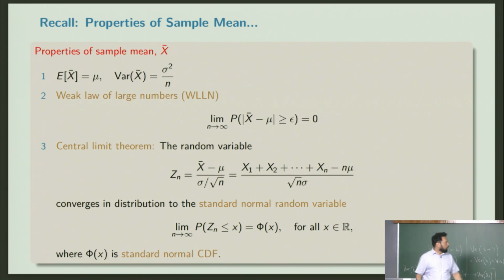If you scale it in exactly this way, then it starts behaving like a normal distribution, although the x bar I computed did not come from a normal, it came from some other distribution, Bernoulli or whatever.